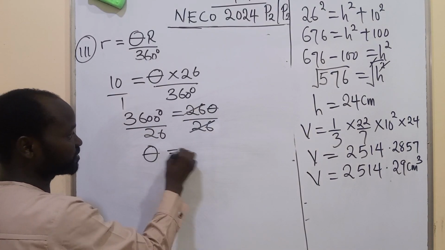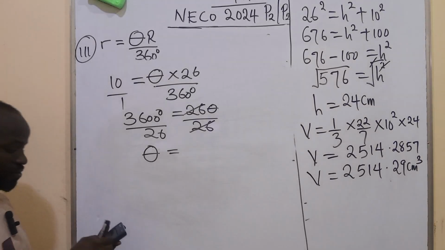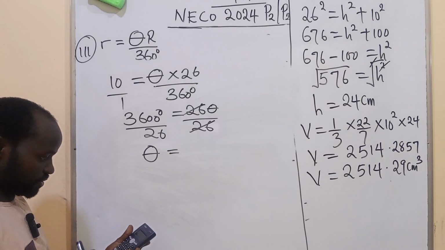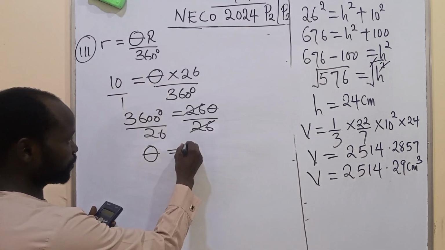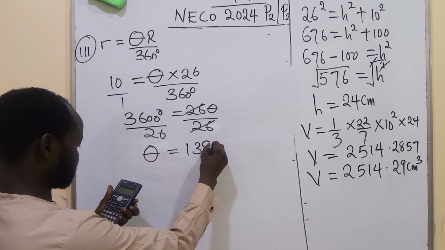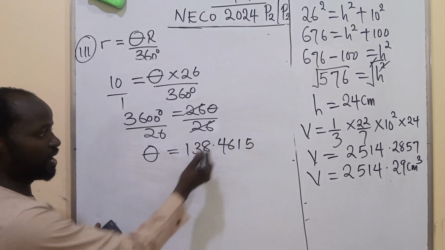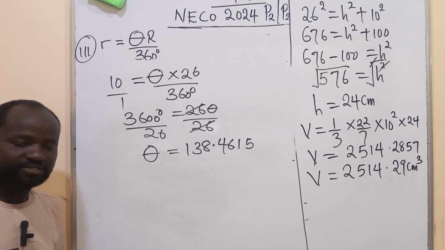Theta now, which is the angle formed by a sector from a cone, will be 3600 divided by 26. That will be 138.4615. We are asked to leave our answer to the nearest degree.